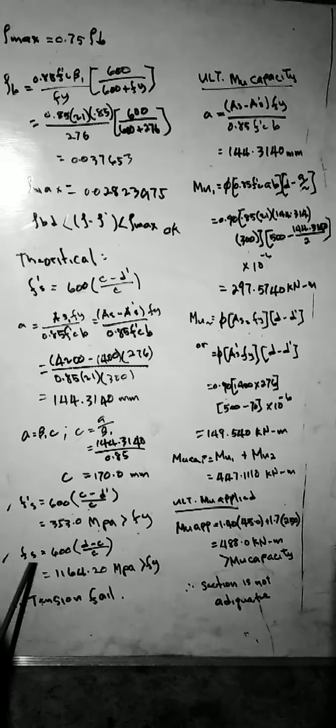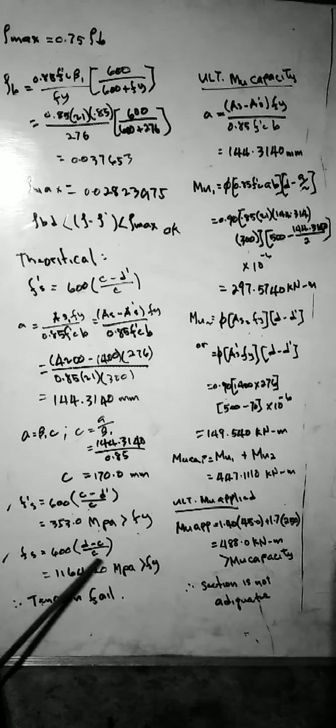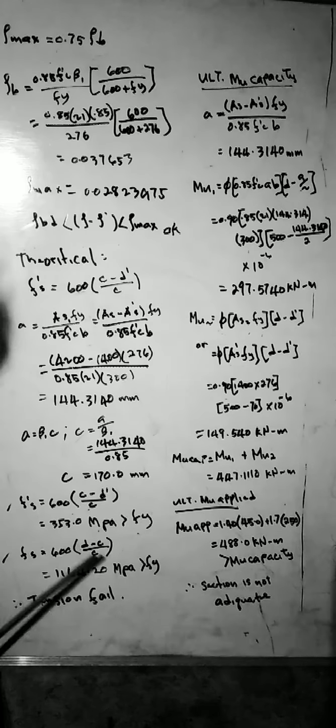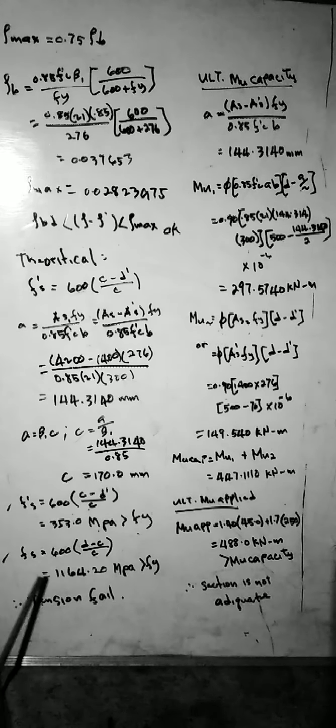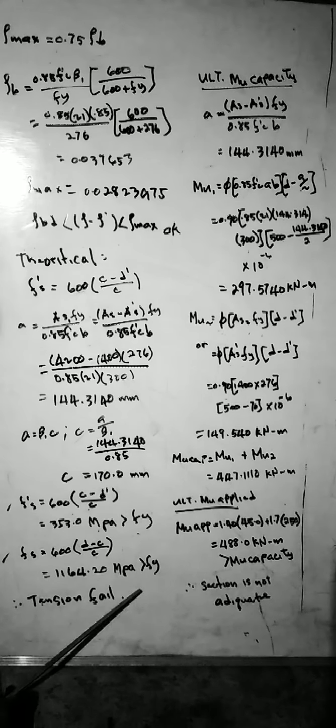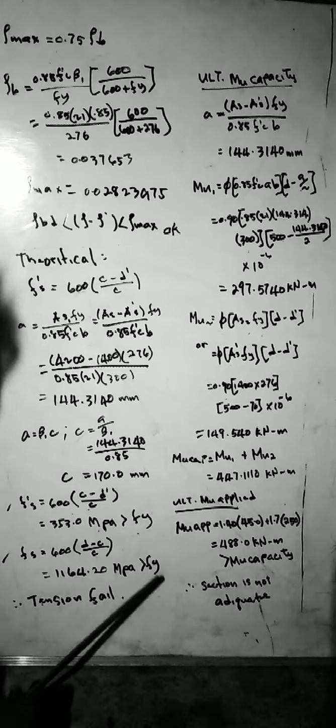For the f_s, this is the equation: 600 times this quantity, (d − c)/c. Substituting the value of c here, and the d here is 500, we have 1164.20 megapascal, which is also greater than f_y.